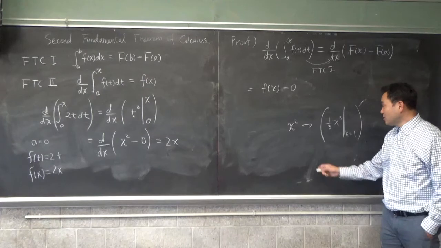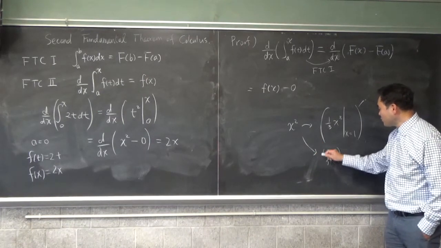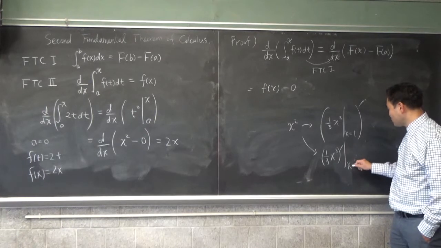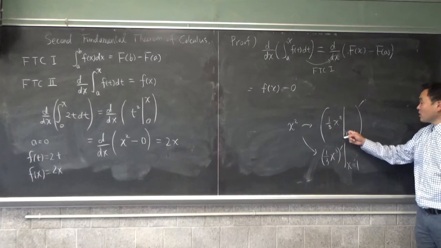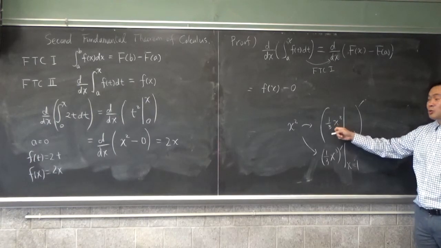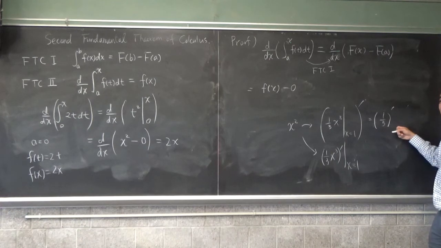And here's another one. We could also differentiate and then plug in x equals 1. Let's see the difference. Here, you plug in 1, and you get 1/3. And then you differentiate, what do you get? 0.